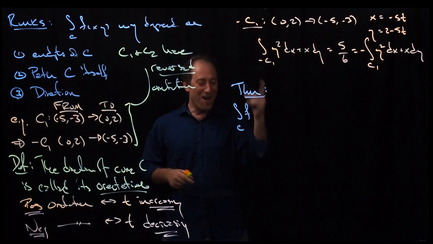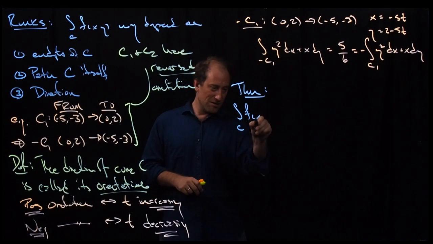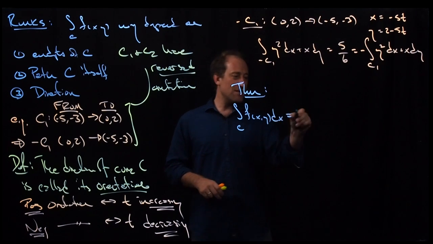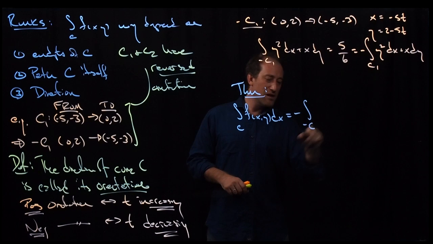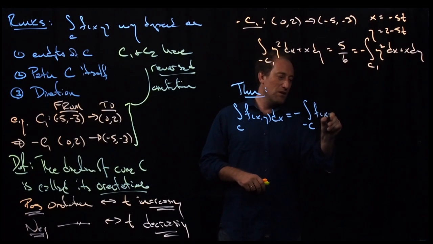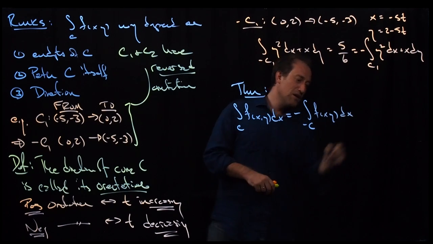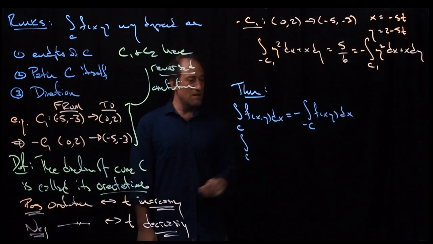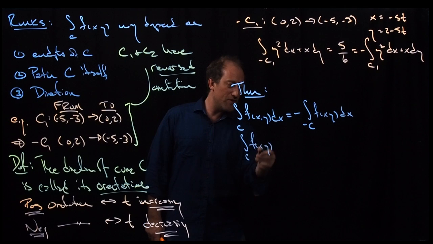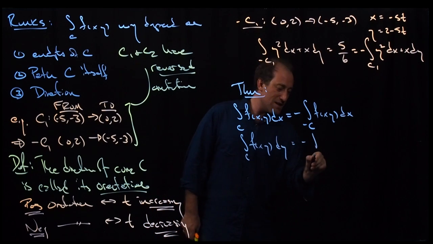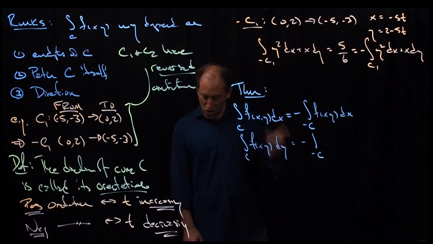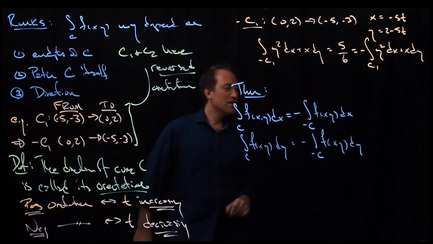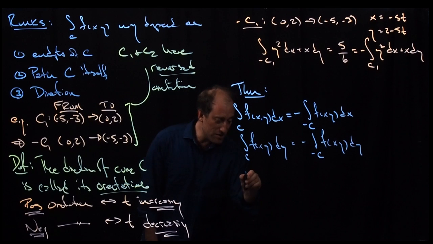The integral of f(x, y) dx along C is negative the integral along C backwards of f(x, y) dx. Similarly, the integral of f(x, y) dy along C is negative the integral along C backwards of f(x, y) dy.